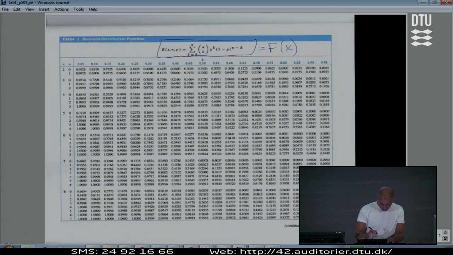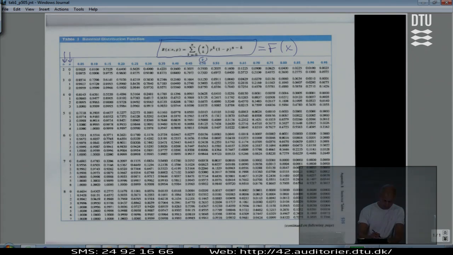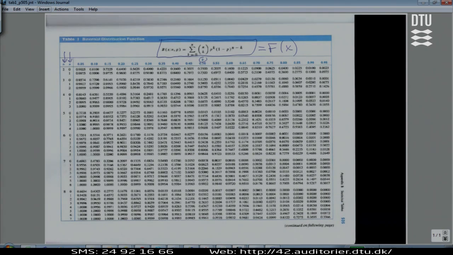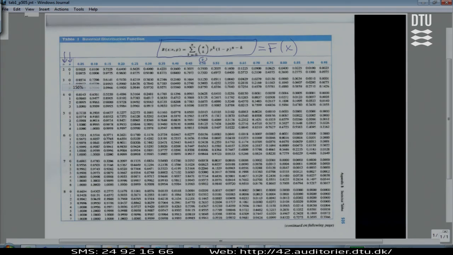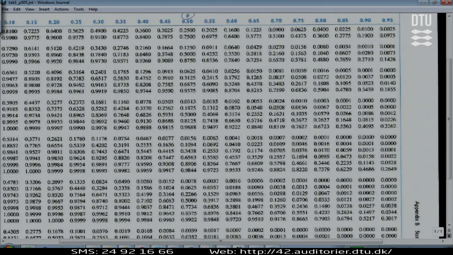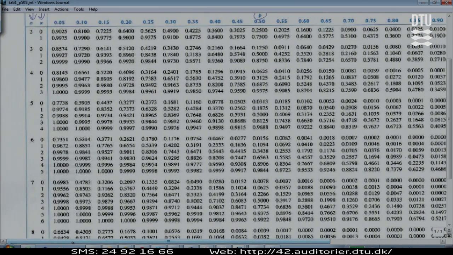So you can see, before I zoom in, you have an n and you have an x, and then you have a lot of p's up here. So a lot of combinations of n, p, and x to find probabilities. Of course, I'd recommend to get used to using R. It's much more flexible.